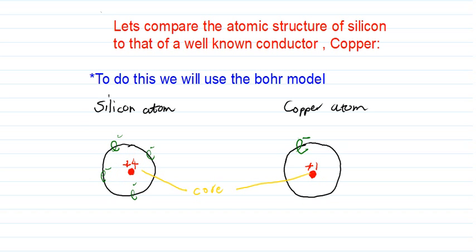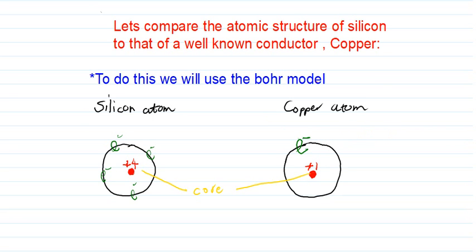You know that copper is a conductor, so it's easy for this electron in copper to become a conduction electron, because it is less strongly attracted to the whole atom. So it can escape this atom so that it becomes part of the current.